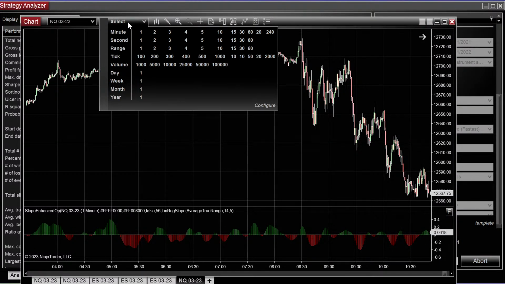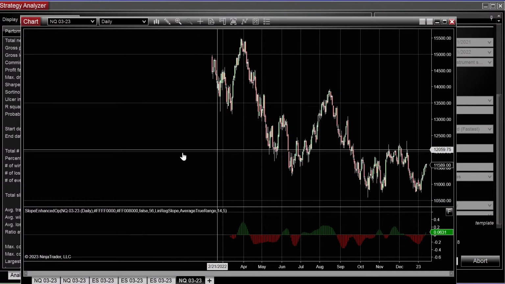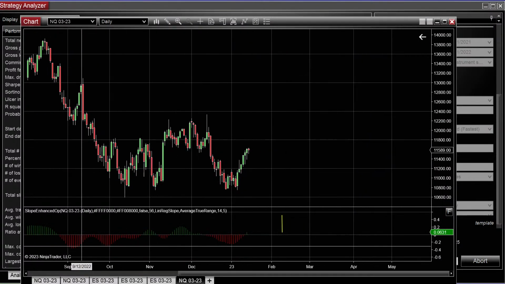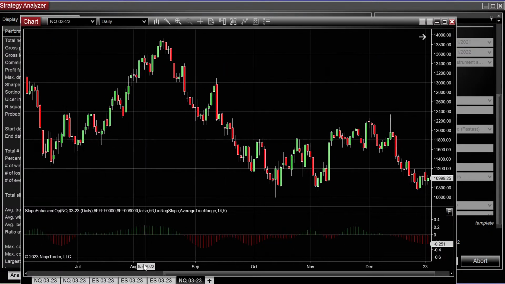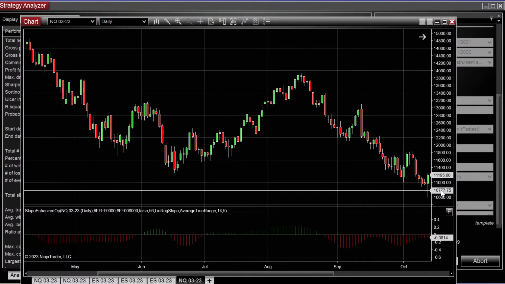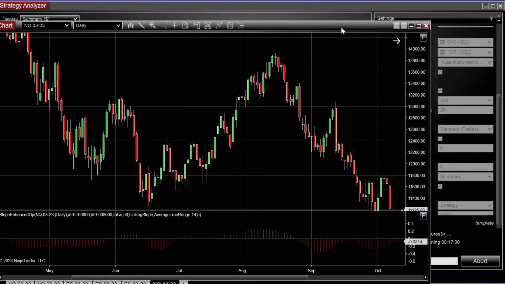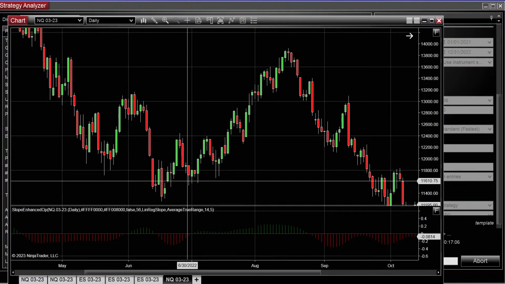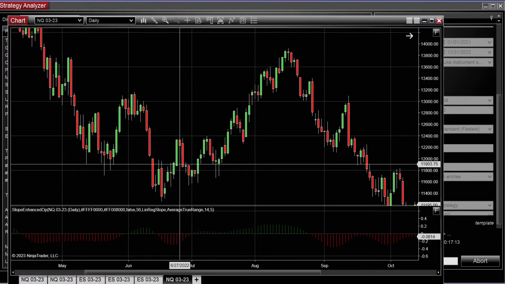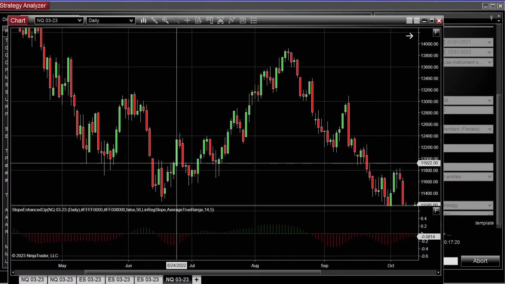Pretty cool indicator. Right now we're using the daily charts, so we can just check out the slope on the daily chart and see if this is actually helping. Because remember, basically these big green bars are going to be when the opening range breakout did a good job.